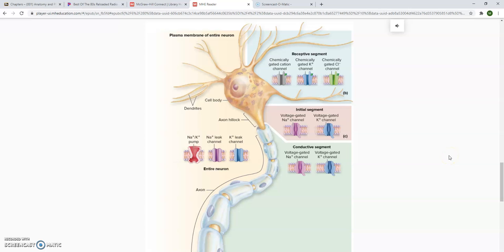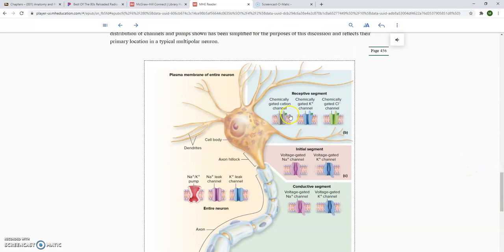All right, so we did leak channels and we did the sodium-potassium pump. Now we're going to look at those other ones that we talked about. So we talked about chemically gated channels. Where you will find those is in this end.